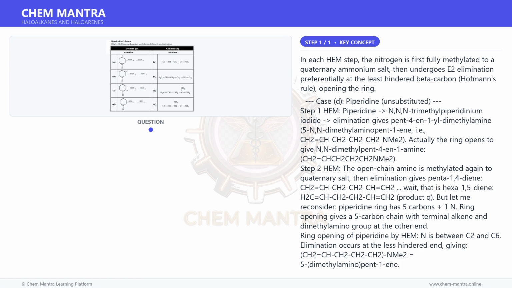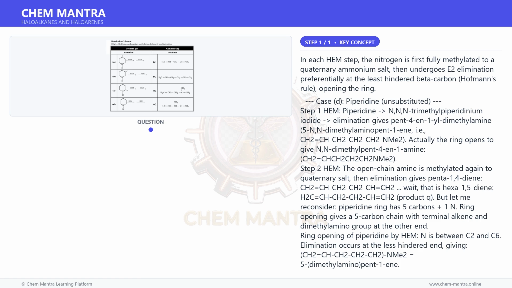Step 2 Hofmann, the open chain amine is methylated again to quaternary salt, then elimination gives CH2=CH-CH2-CH2-CH=CH2. Wait, that is hexa-1,5-diene, product Q.